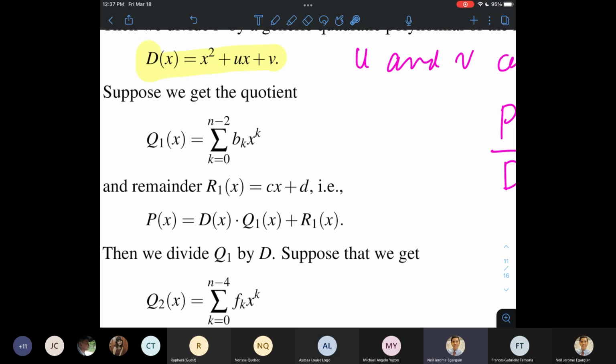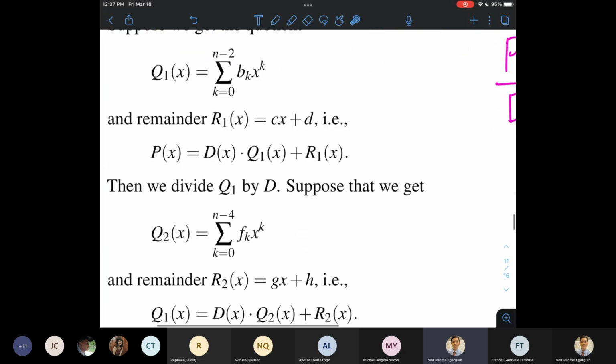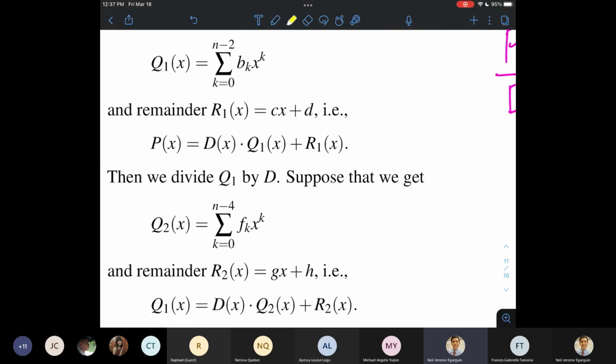So it's either a linear function or a constant function. So tawagin natin yung linear remainder na cx plus d. Alright? So that is, after this division process, pag ginawa nyo yung division algorithm, okay, si p of x masusulat nyo as d times the quotient q1 plus the remainder r1. Okay? Now, how will you do this? Synthetic division. Pwede nyo siyang gawin.